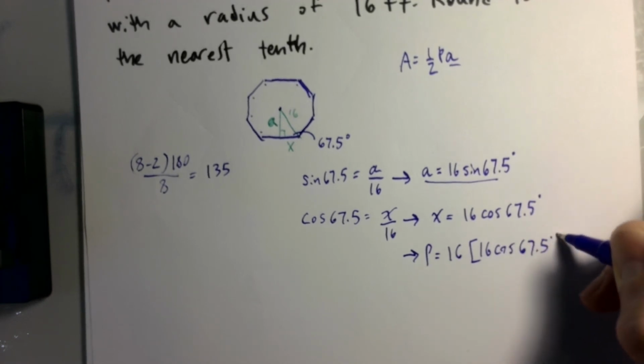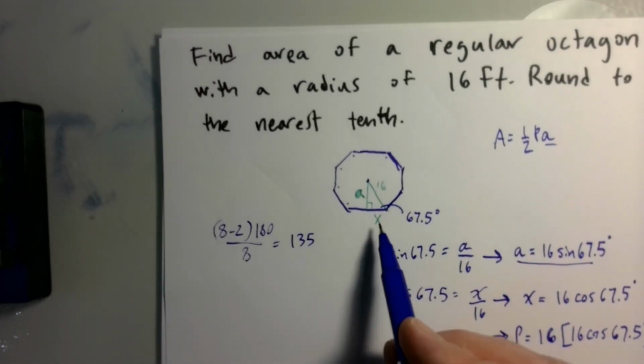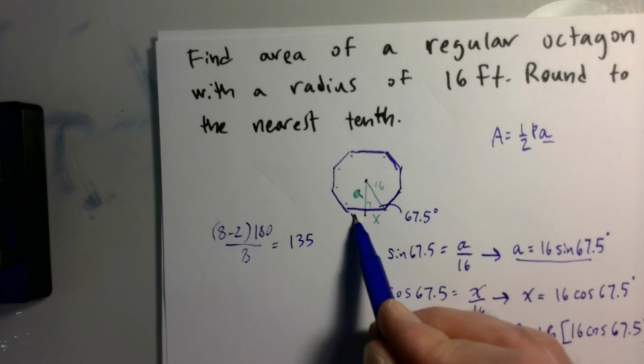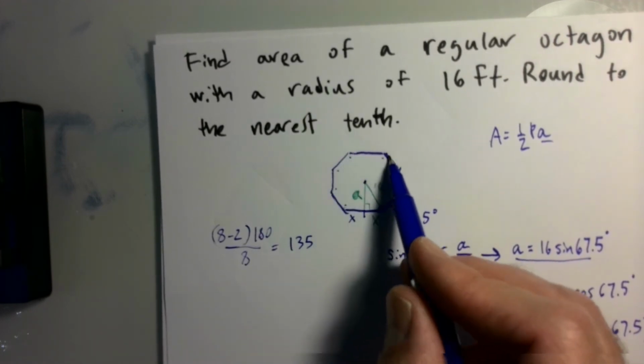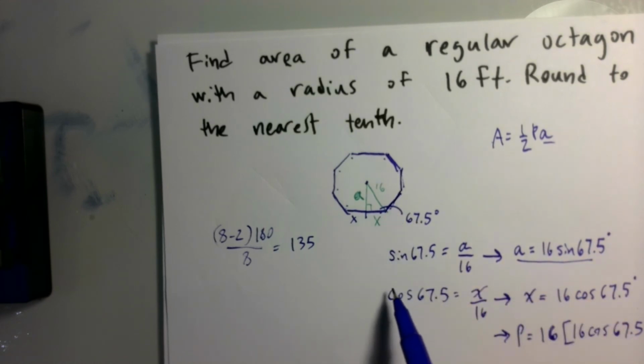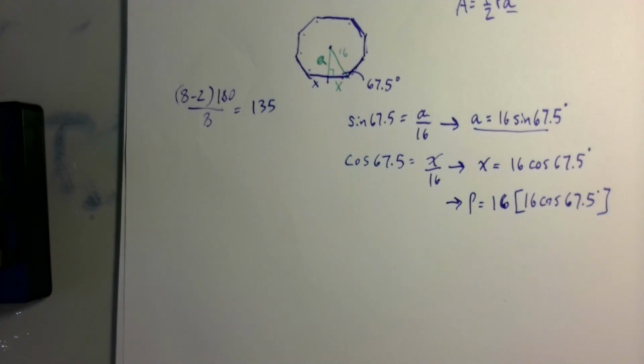Okay, just one more time, I know that might confuse some people. The reason why I have that 16 is, I've got one x here, and another there, so there's 2 there, so 2, 4, 6, 8, 10, 12, 14, 16 x's would give me my full perimeter. Okay, so now I have all the stuff I need.